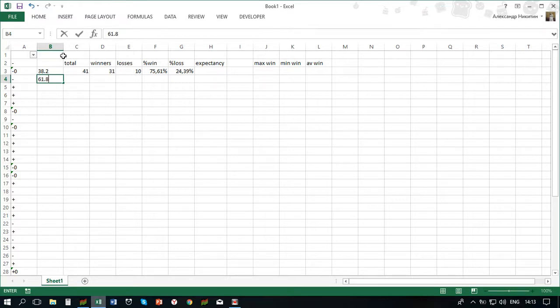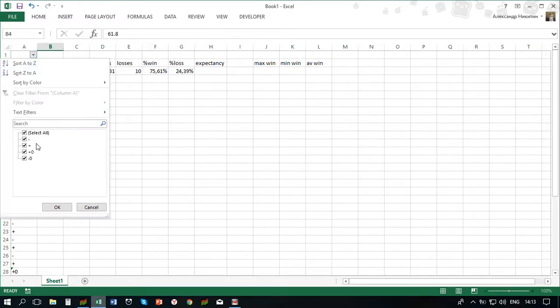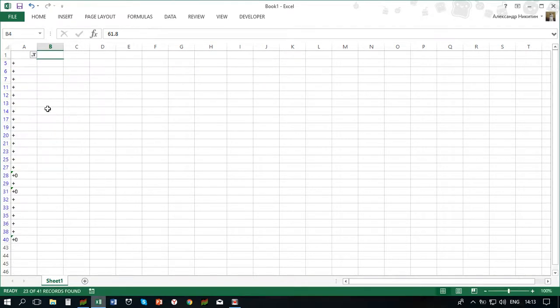Okay, so what is the winner using 618? Suppose we don't use break even. So if it is minus, it is a loss, not an avoided loss, and if it is minus, it is a loss as well. So we only have this, the same amount of trades but fewer winners.